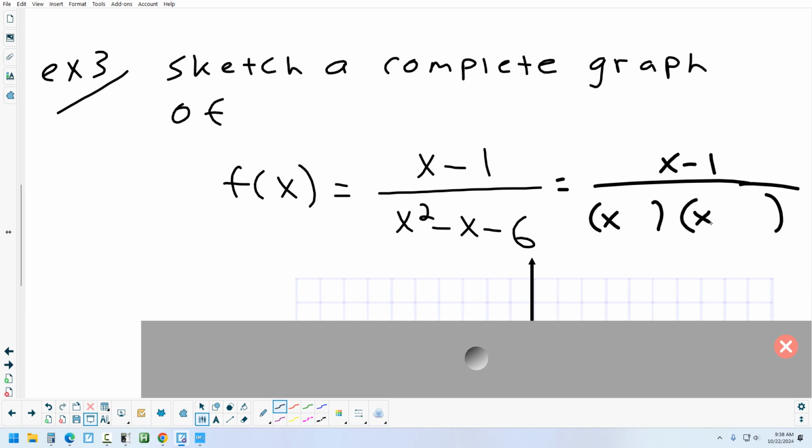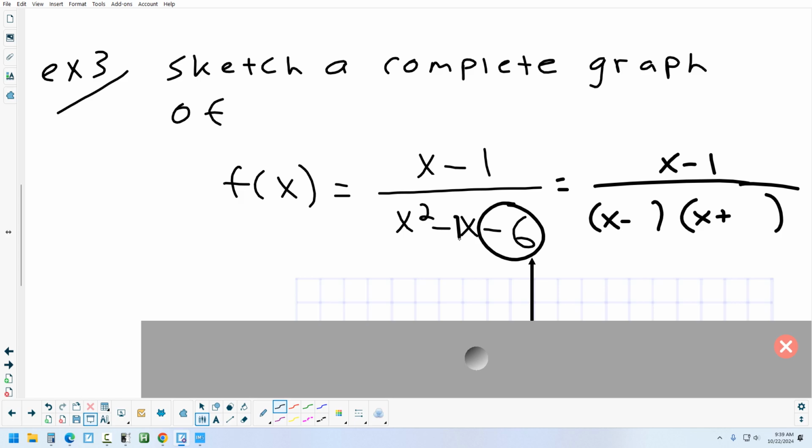Both negative. Well, if you put negative and negative, when you multiply a negative times a negative, you'd get a positive. Negative and positive. So you need one of each. And now we need two numbers that multiply to give me 6, and they have to subtract to give me 1. I need a 3 and a 2.